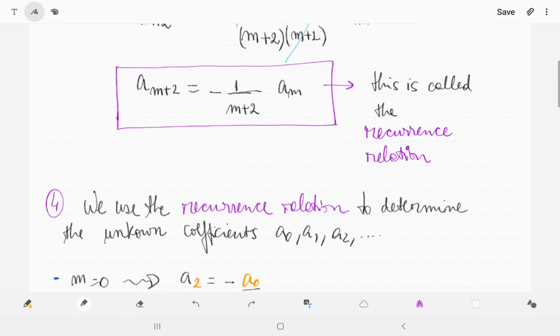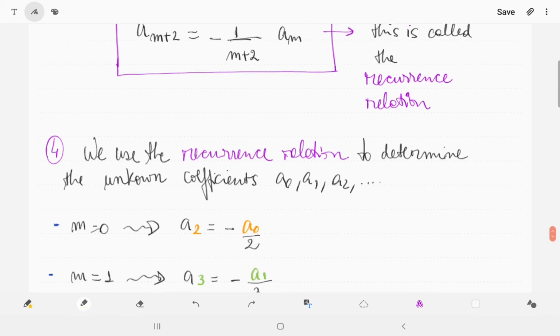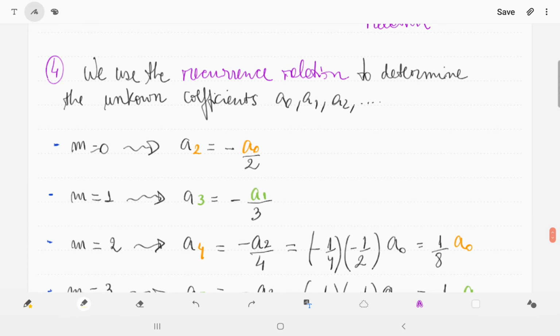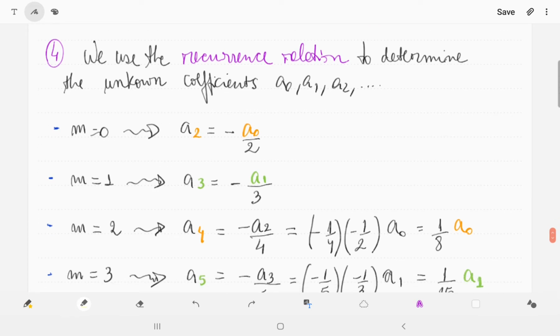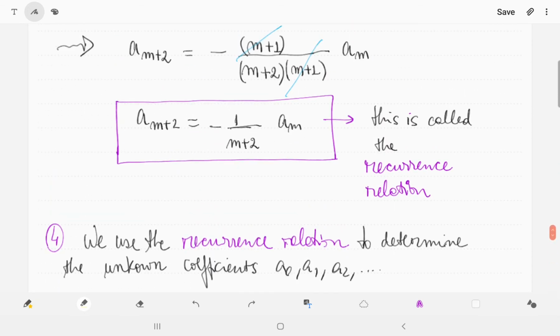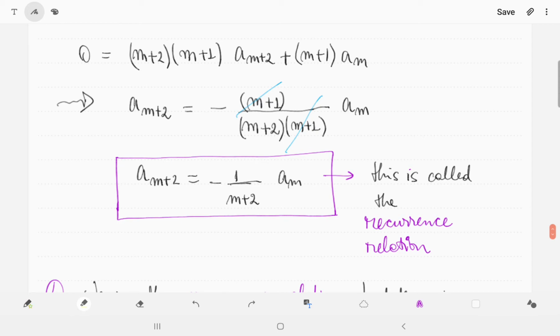We will use this recurrence relation to see if we can find them. How do we use it? We just choose the values of m one by one, because we have this relation, sorry, it's not written here, for every m equals 0, 1, 2, and so on.